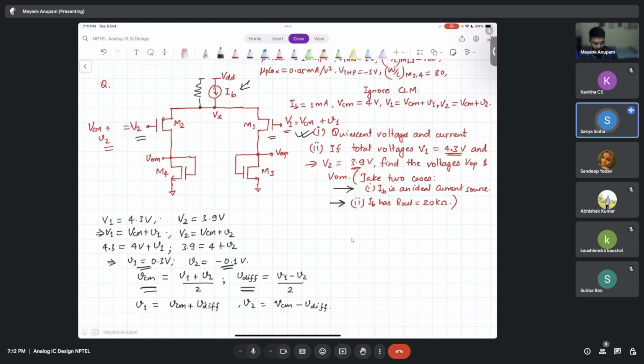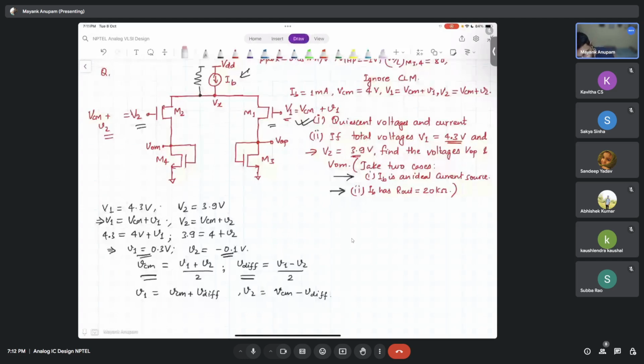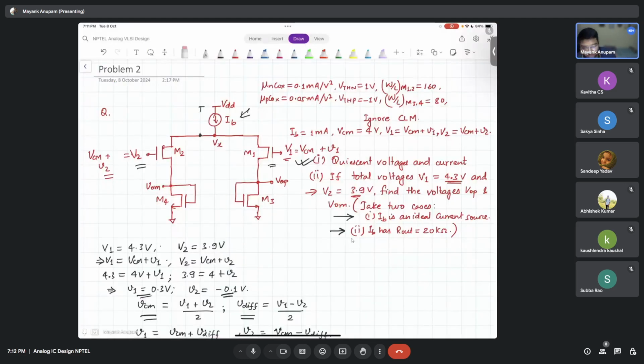Because Vx would be 0 then. Yes, Vx is 0 in the differential case, so this node actually doesn't matter in the differential picture. But in the common mode picture, Vx is not 0, isn't it? So there this node actually matters a lot. Vx is not 0 and what is connected here actually matters a lot.